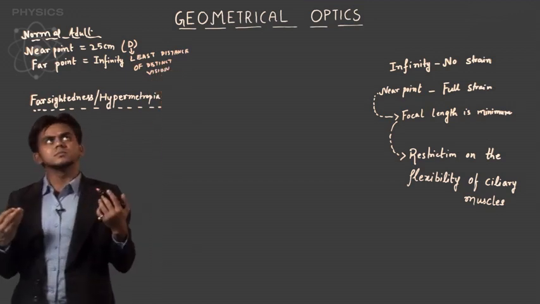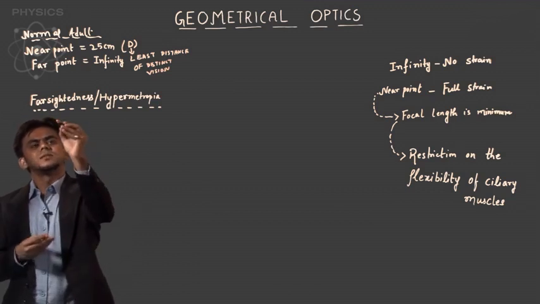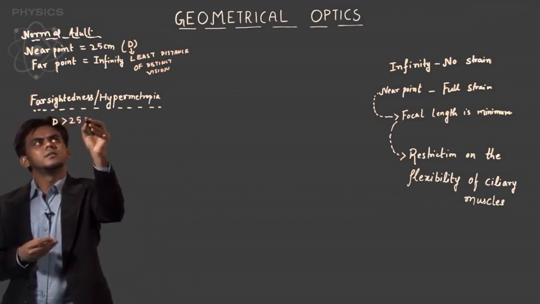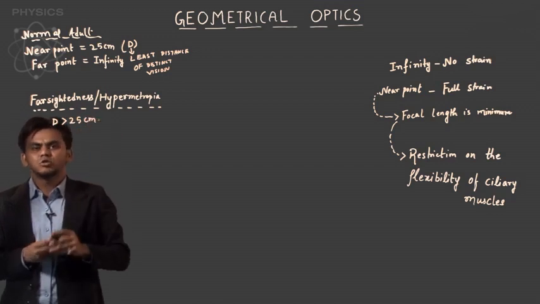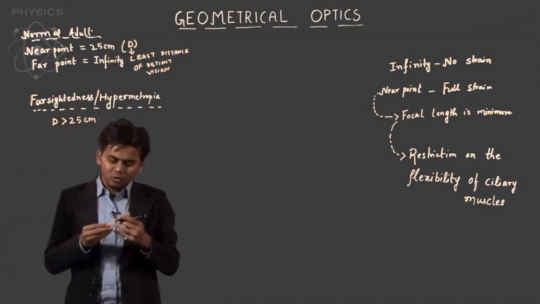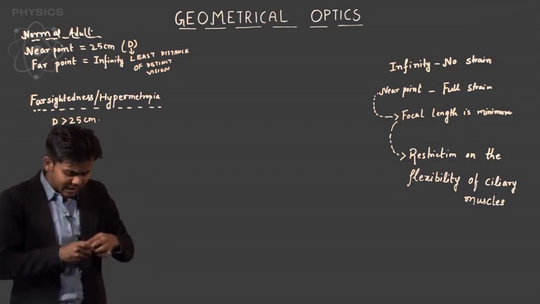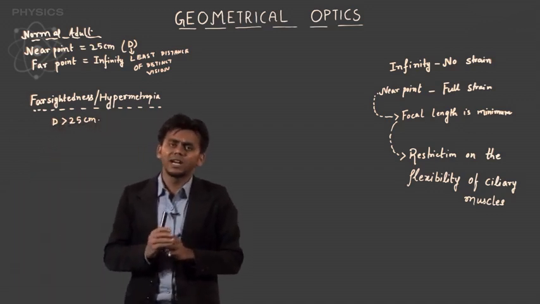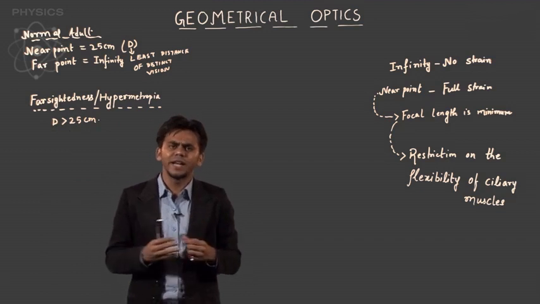So your this D thing changes. This D becomes greater than 25 centimeters. So under this situation, what happens is your eyes are not able to converge the rays of light properly.